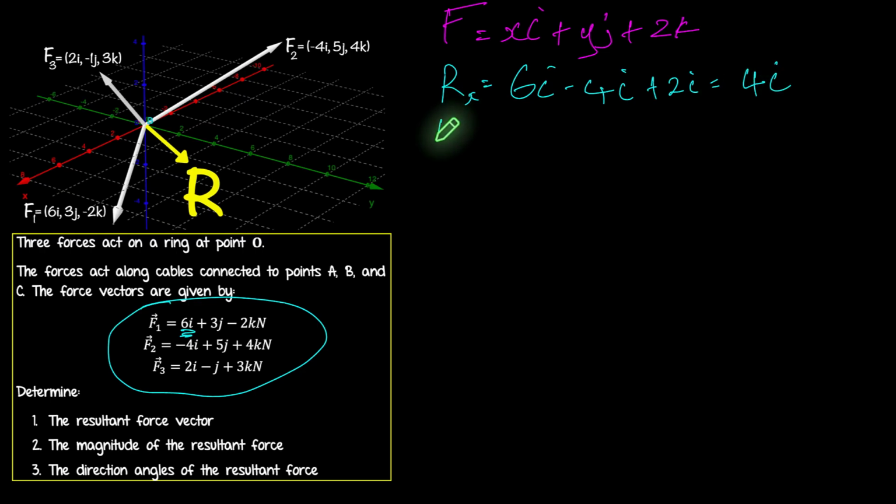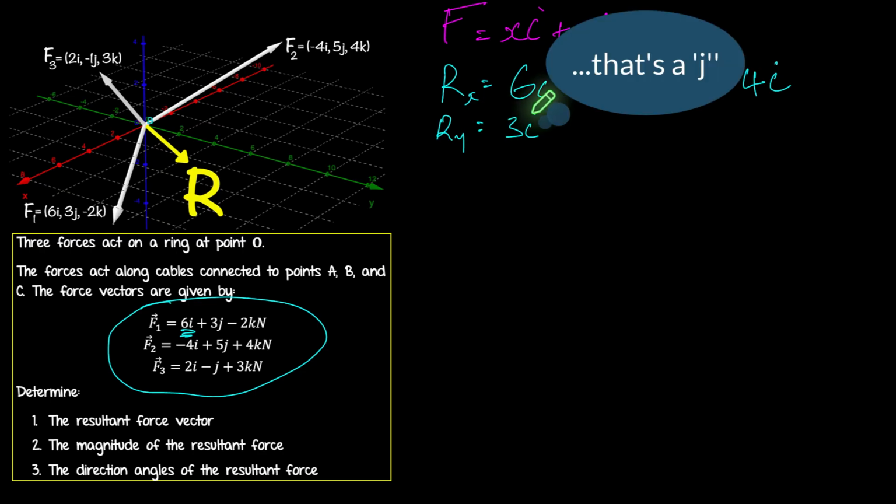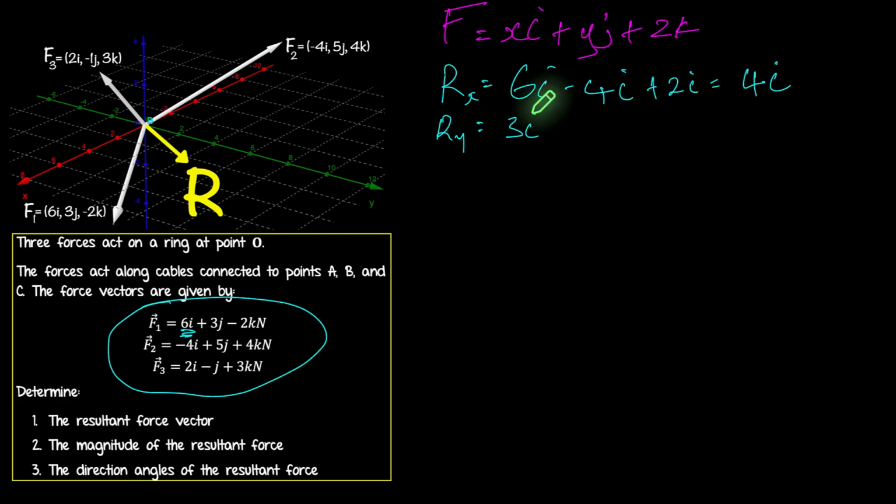So then on to the y components for our resultant. Now we're just looking at the coefficients of the j values. So what we have here is 3j, and that's coming from F1, and the j value for F2 is 5j.